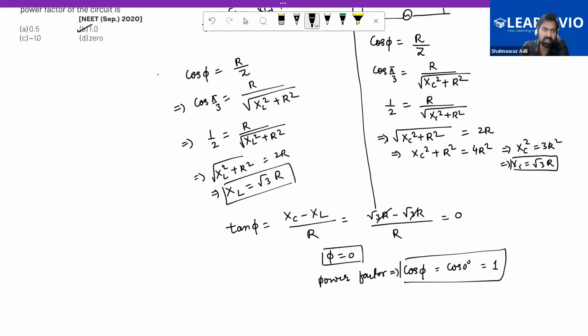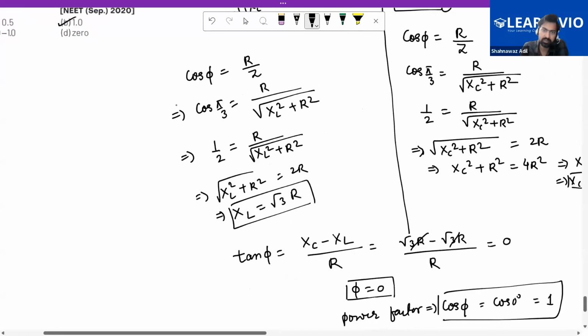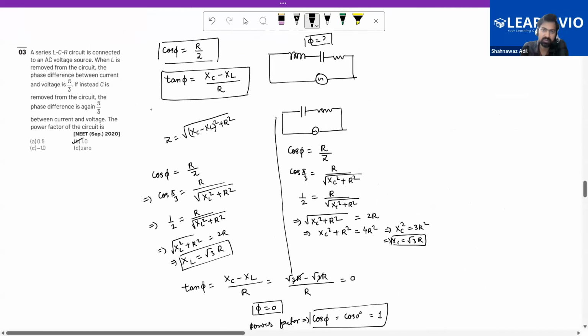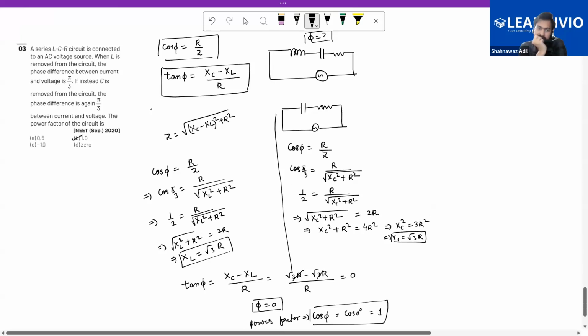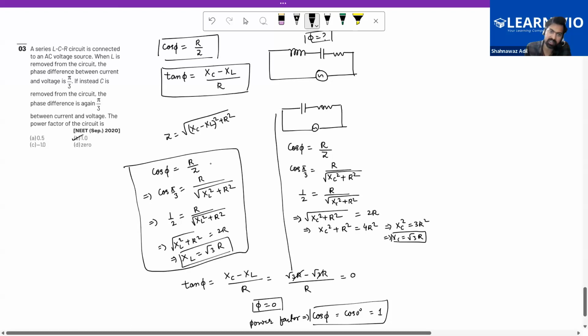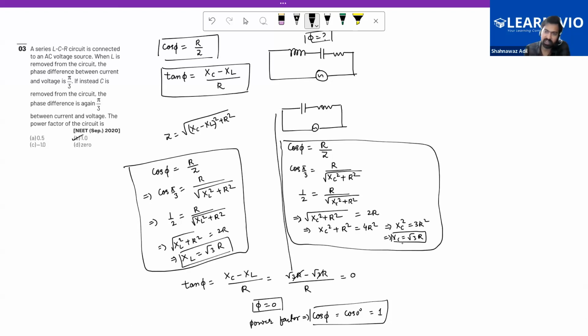Is it clear, guys? Is it clear? So we have just calculated what XL and XC are, and if we calculate these, then we can calculate tan phi, and from the phase we can calculate the power factor.